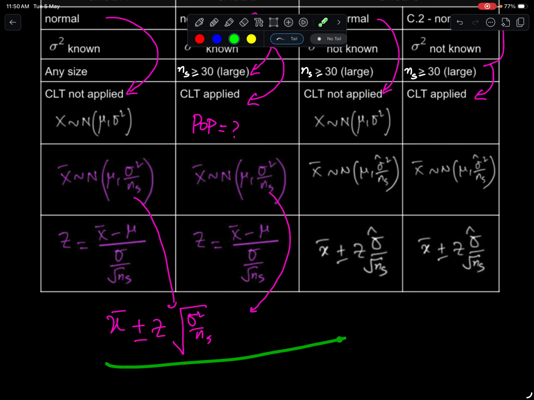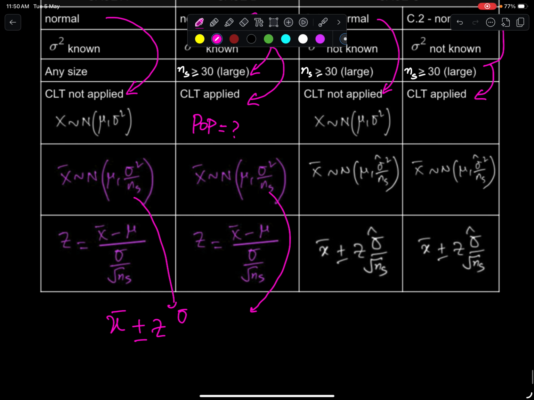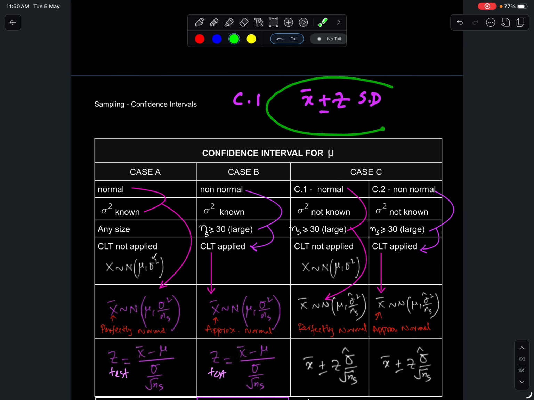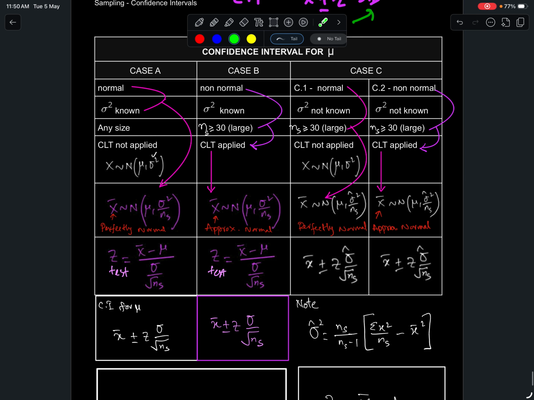See, all are the same. Here we have sigma square, here we have sigma cap. To make all of them similar, you can also write sigma over root n. It was sigma square, so I wrote sigma. Now check the formula of confidence interval: X bar plus minus Z times standard deviation.